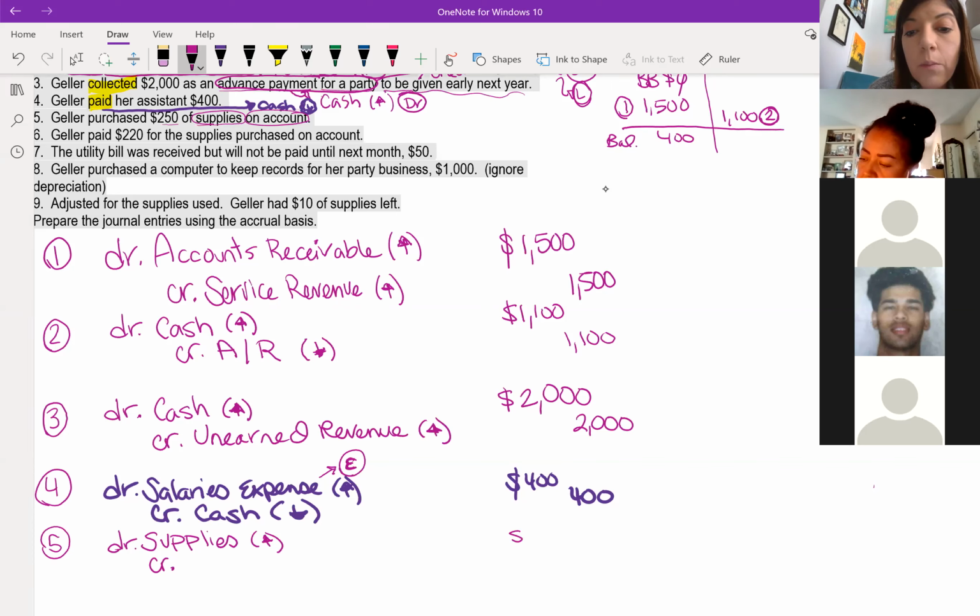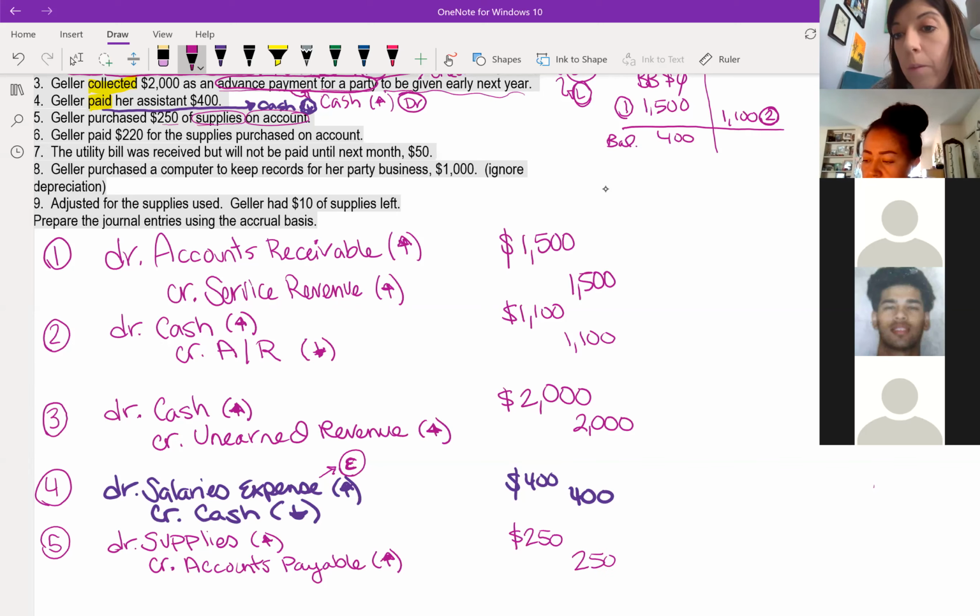We're debiting the supplies account for $250. We now have $250 worth of supplies to use in the future. And we're crediting accounts payable. We now have a liability, so we're increasing the liability for $250 because we have an obligation to pay our vendor. So I'm going to write another T account for supplies.